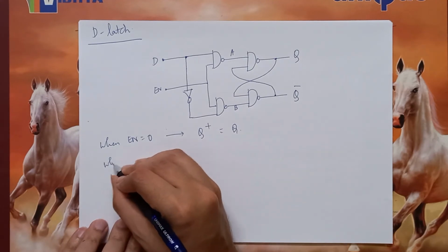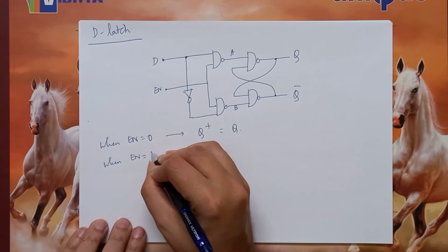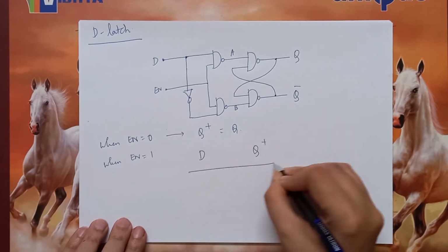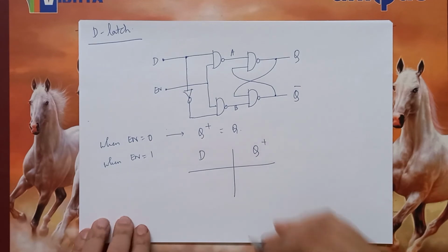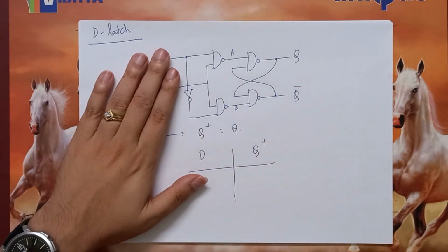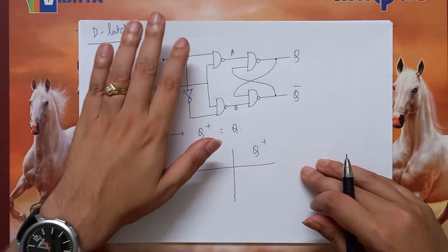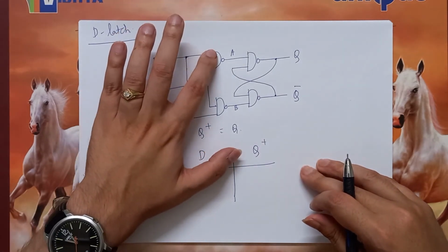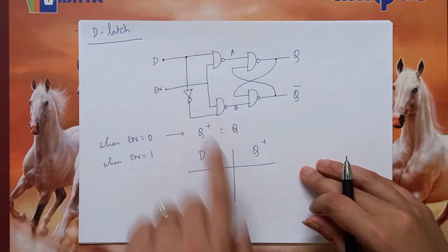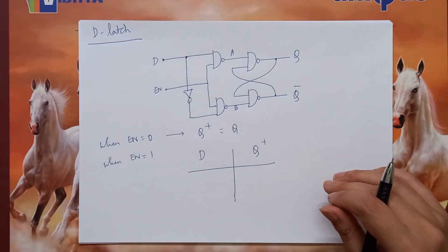But when we enable this latch, we make En equal to 1. Then for D, we have to calculate what is the next future state. But we don't need to do that. Whatever is the value of D, the upper NAND gate gets the value of D and the lower NAND gate gets the value of D bar.